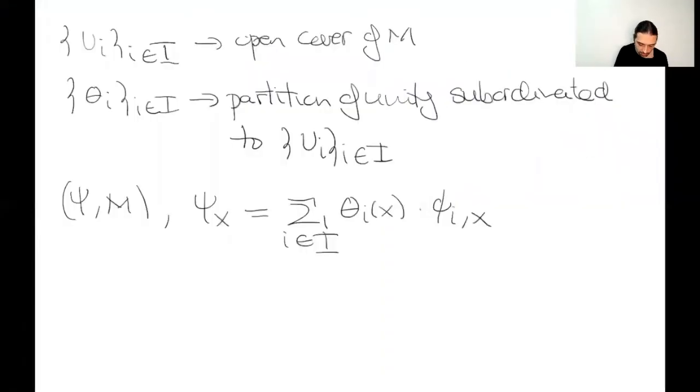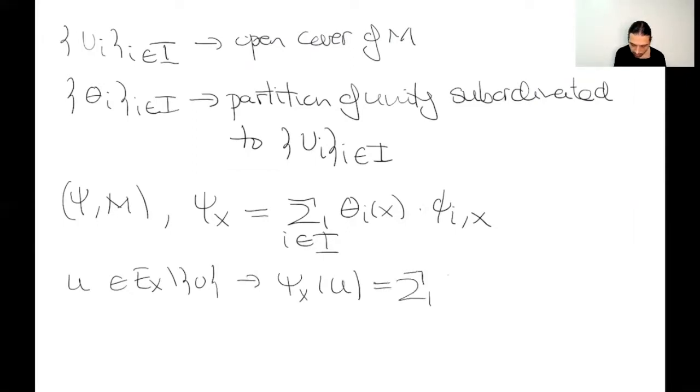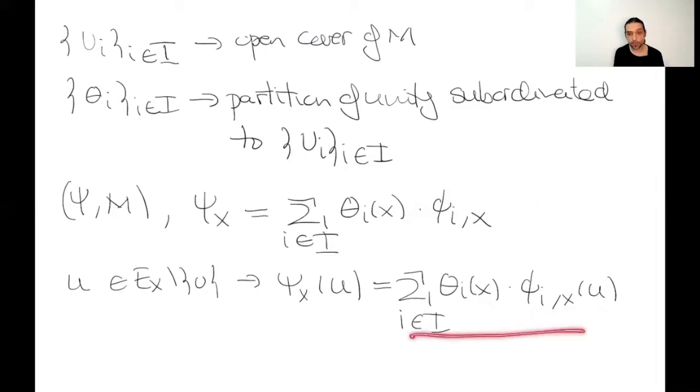And what happens for that u that belongs to our fiber and is not the zero vector is that when we consider psi of x applied to u, this is just the sum of theta ix times phi ix of u. And what happens is that all these values over here are positive and all the values over here are greater or equal than 0, so this is greater or equal than 0.